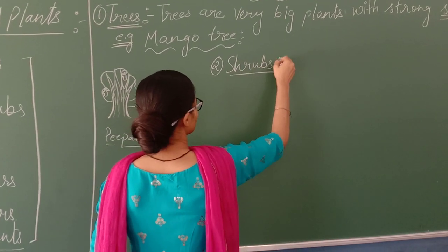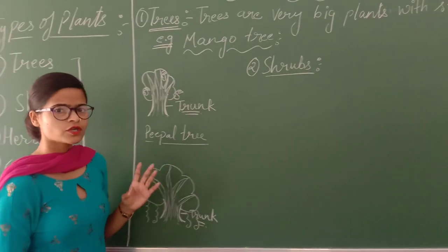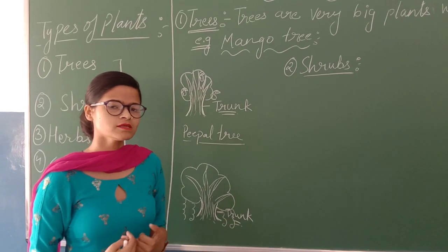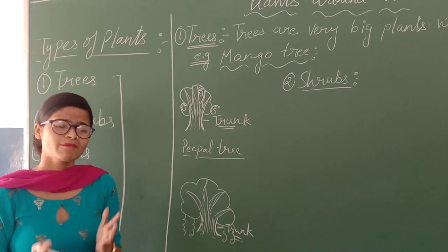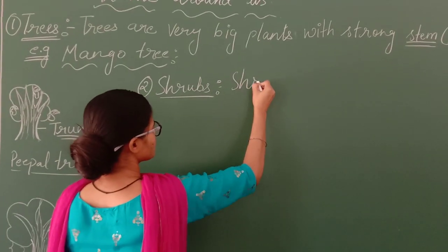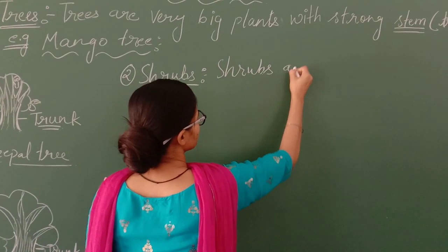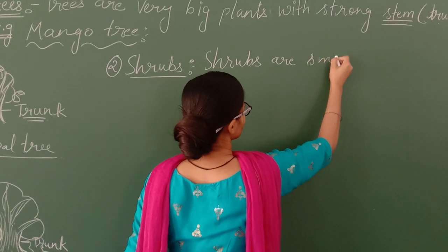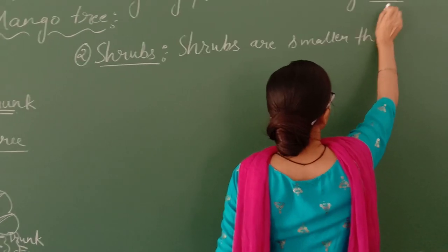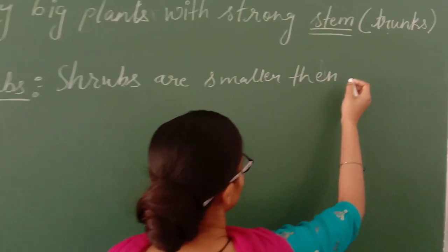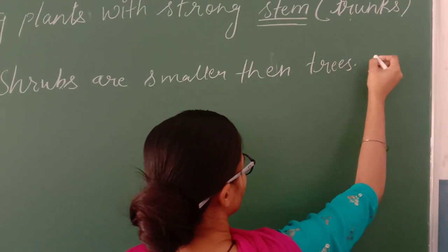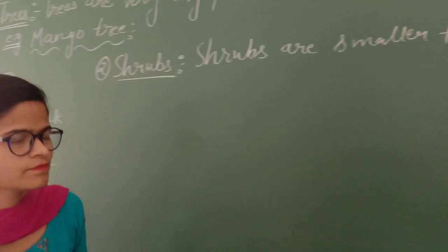What are shrubs? Shrubs also perform the same activity. They also give us oxygen, but the plants are different. How? Shrubs are smaller than trees.